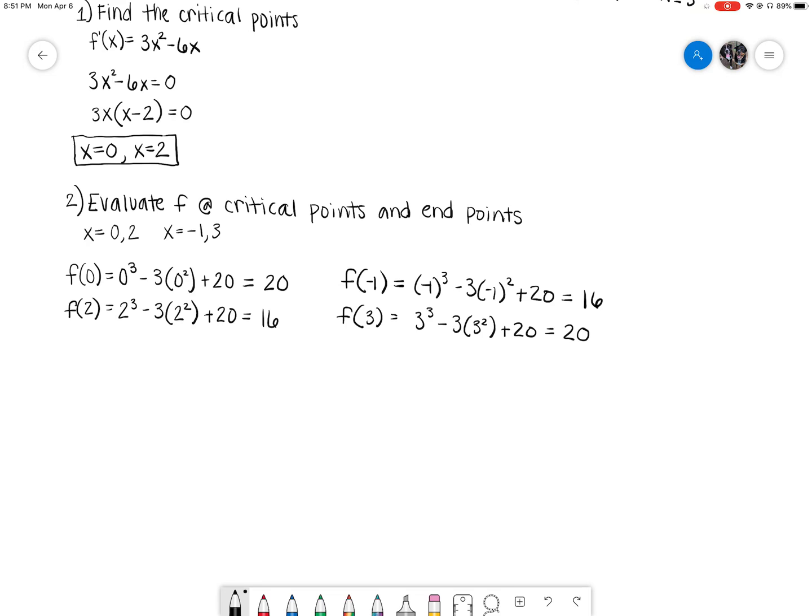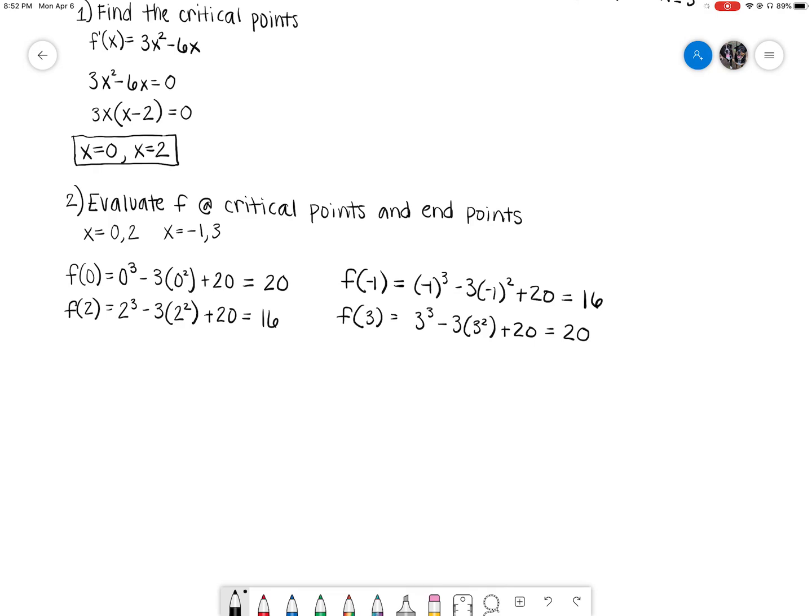So I said, look for the largest number. That's going to tell us our global max. Look for the smallest number. That's going to tell us the global min. The smallest number is 16, and it happens twice. The largest number is 20, and it happens twice. That is okay. There's no rule that there has to be one x where the function reaches its global max.